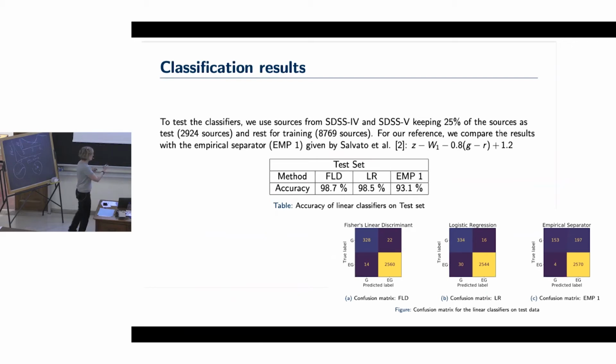So here you see the result of the empirical method, the one that I was showing before. And now this is the approach with two different machine learning methods, logistic regression and Fisher linear discriminant. And actually you see that we are doing very well. And of course, we had to add more parameters as I was showing before for the separation.